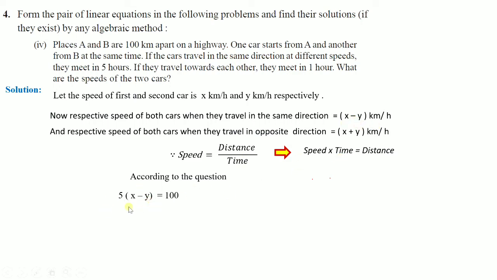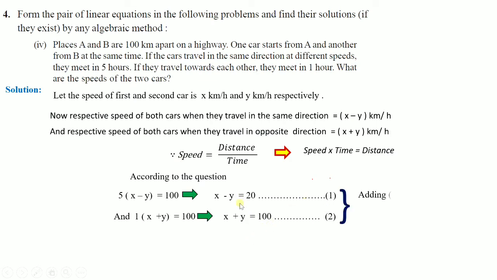This is speed x minus y, the time equals 5 hours, and the distance is equal to 100 kilometers. Dividing 100 by 5, we get 20. This is equation number 1. In the second case, when the cars are moving in opposite directions, the speed is x plus y and the time they take to meet each other is 1 hour, so multiplying 1 times speed equals distance, which is the same, 100. So x plus y is equal to 100.